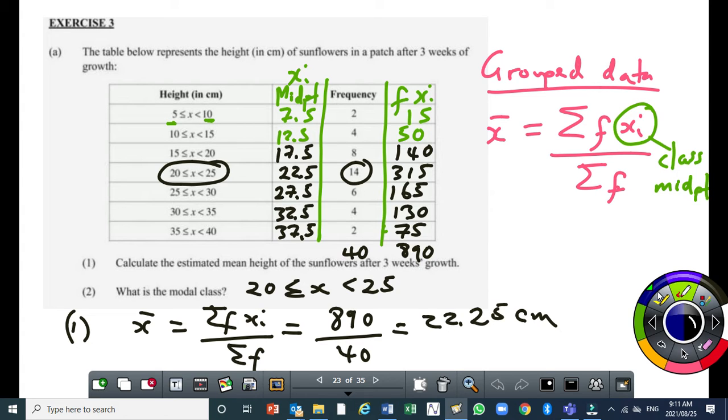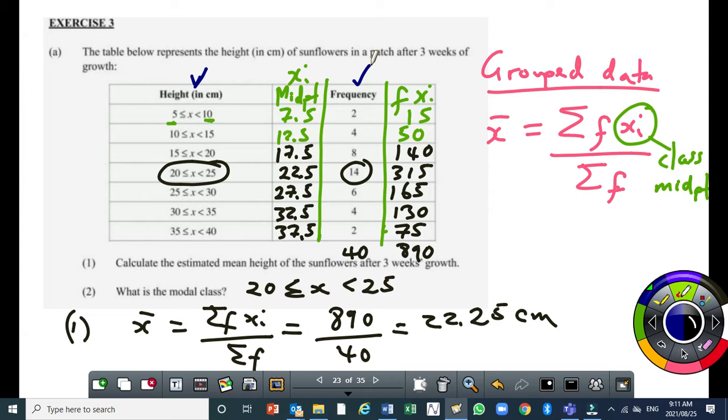I stopped here, right? I wanted to complete this table, so I'm just going to explain again what's happening here. We have a question on grouped data. It's grouped because the data is in the form of intervals. We have a column for the height, and a column for the frequency.